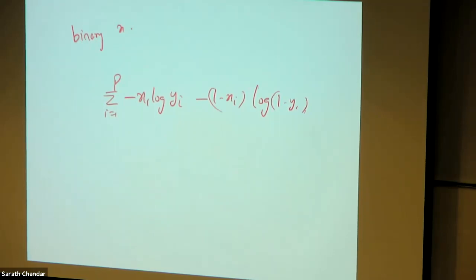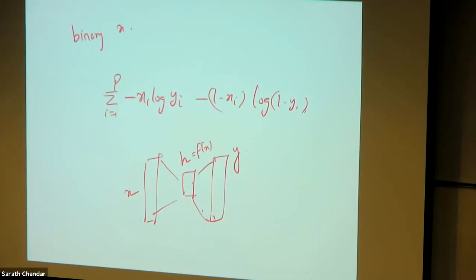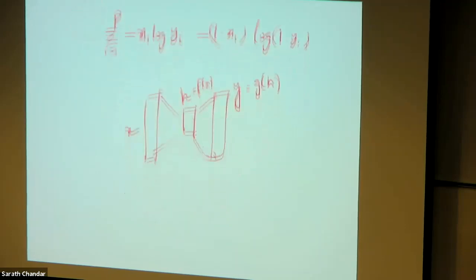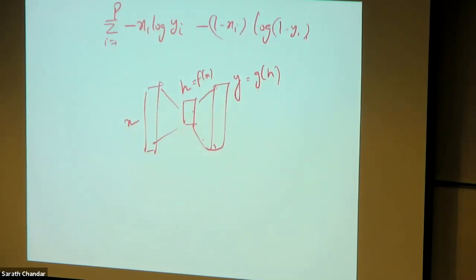Now, typically, let's say this is my autoencoder, which takes x. This is my h. This is my y. h is equal to f of x, and y is equal to g of h. Now we are going to call this part the encoder, which encodes my input to a low dimensional representation.